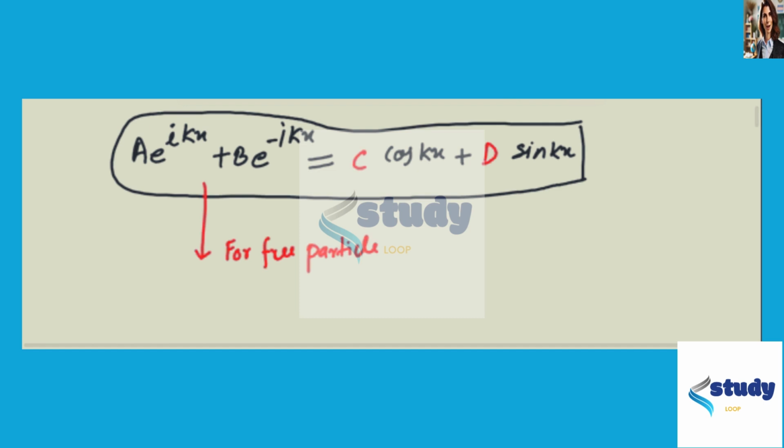So in the case of the free particle, these terms represent the traveling waves. When you are discussing the free particle, then you will write the solution in this form.